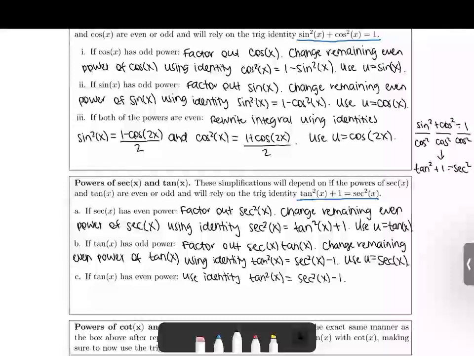And then we are going to use anti-differentiation or integration by parts.